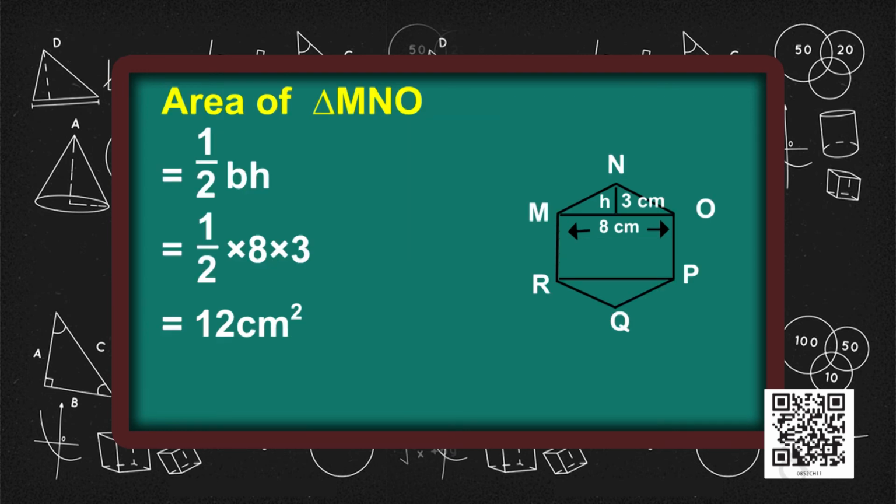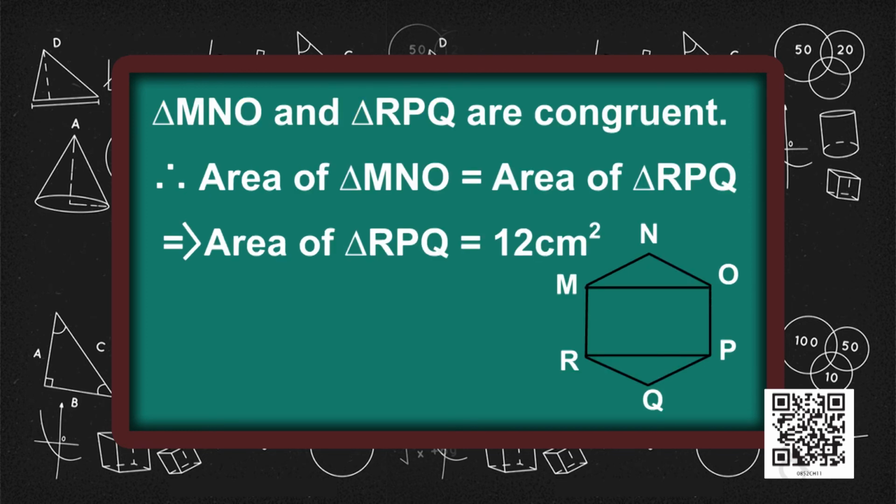Therefore, the area of triangle MNO is equal to half into base into height, which is equal to half into 8 into 3, which is equal to 12 centimeter square. Since the triangles are congruent, area of triangle RPQ is also 12 centimeter square.